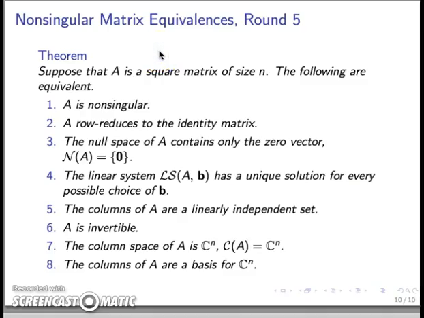And the theorem that we call the non-singular matrix equivalences, round 5, gets updated here with the following. The columns of a non-singular matrix are a set of vectors that are linearly independent and spanning, and therefore the columns of that non-singular matrix form a basis for Cn. The column space of the matrix that is non-singular is exactly equal to Cn.